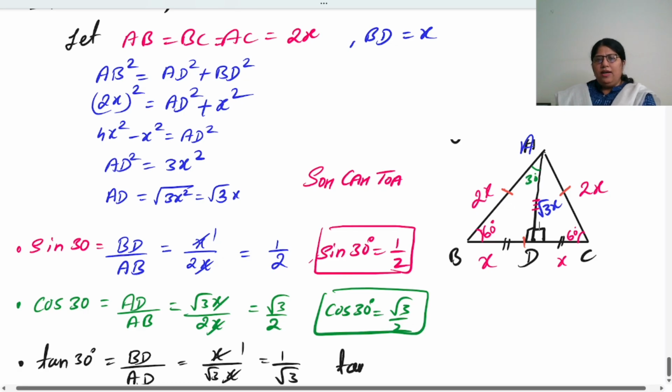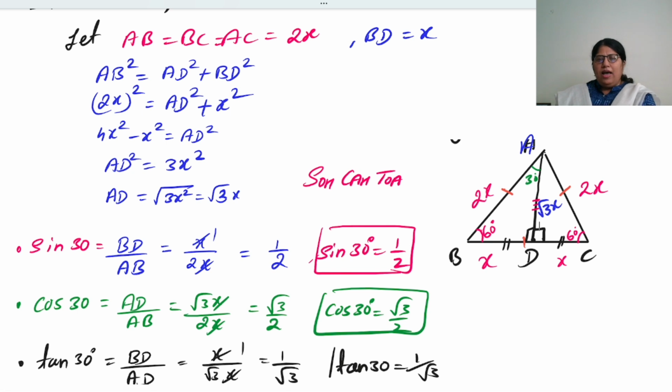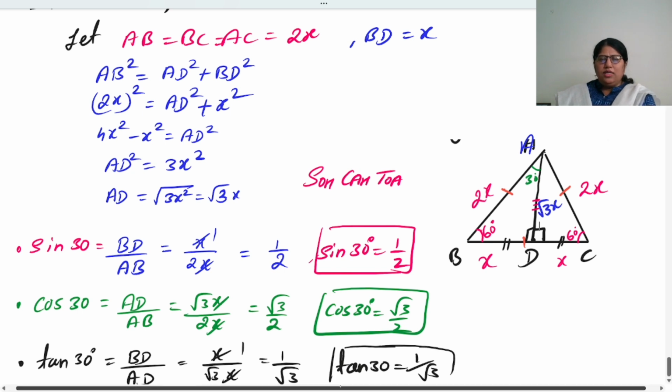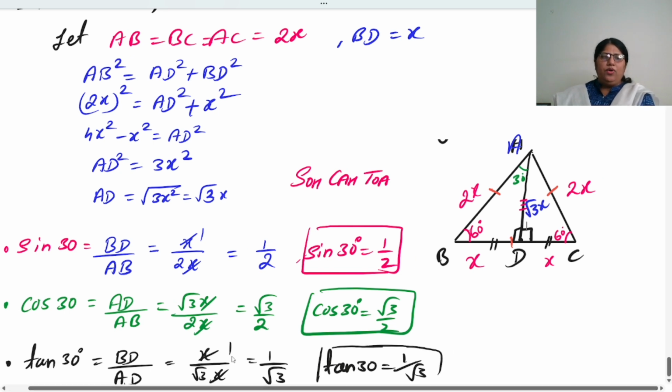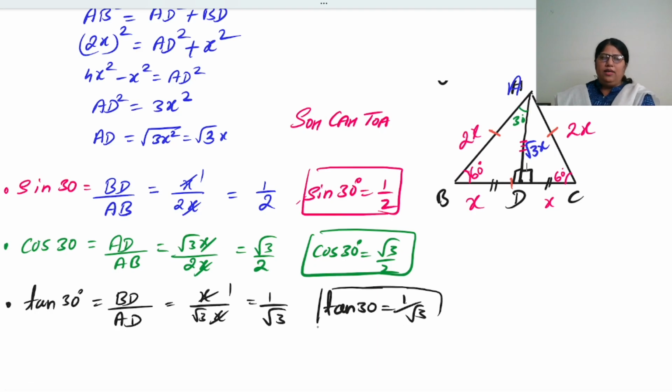That is why tan 30 is 1 by root 3, right? And all the reciprocals we are not discussing here, because you can just reciprocate sine 30 to get cosec 30, for sec 30 you can reciprocate cos 30, for cot 30 you can reciprocate tan 30, right? So this is for 30 degree.